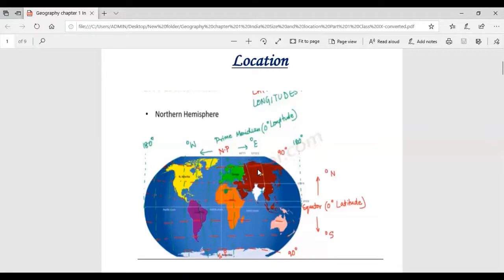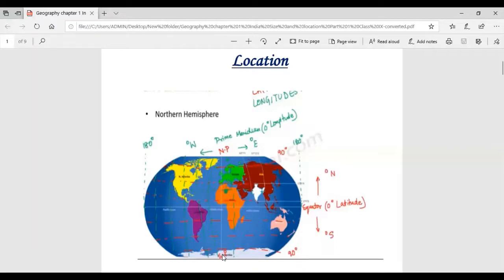The equator is located in such a way that it is equidistant to the poles. Here you can see this is the North Pole and this is the South Pole. The equator is equidistant. It means the distance from the equator to the North Pole and the distance from the equator to the South Pole is equal.